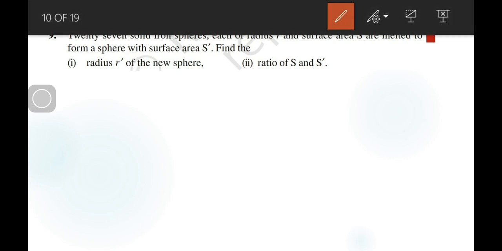So here given 27 small spheres. We melt them and we make one big sphere.